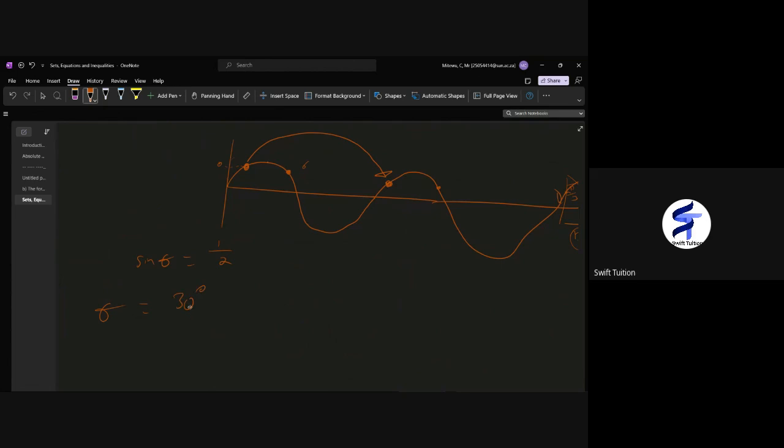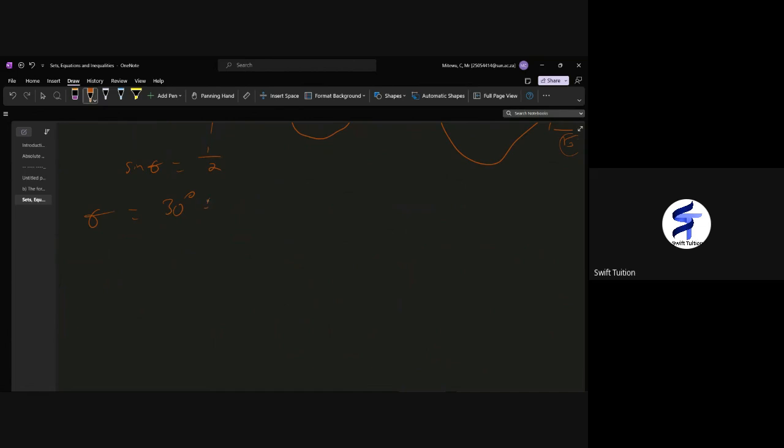And then how do you find the second reference angle? Let me first finish this one. So that's going to be 30 degrees plus, and then we know after every 2 pi, it's going to do the exact same thing. So plus 2 pi multiplied by n, right? Sorry, not pi, 2 pi. Every 2 pi is going to do the exact same thing.